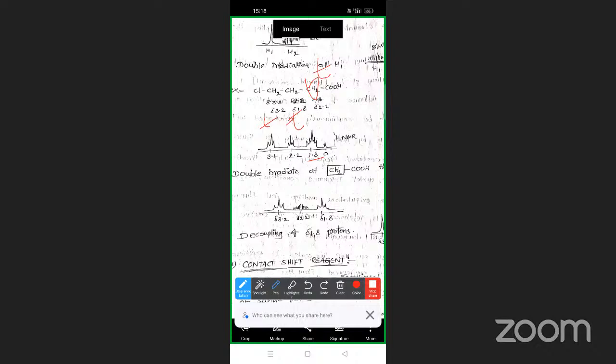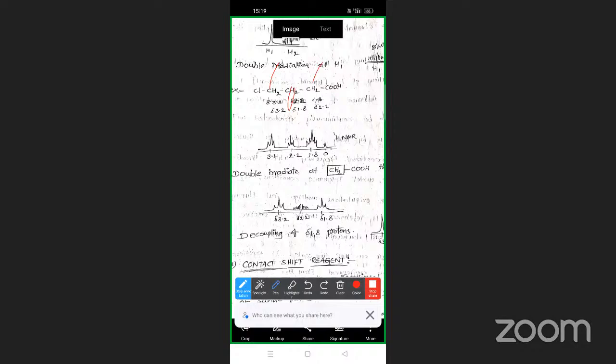Then it leads to an increase of its signal, and both triplet signals are going to increase here.